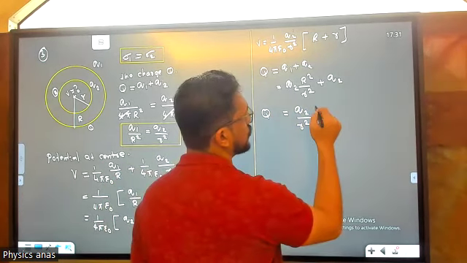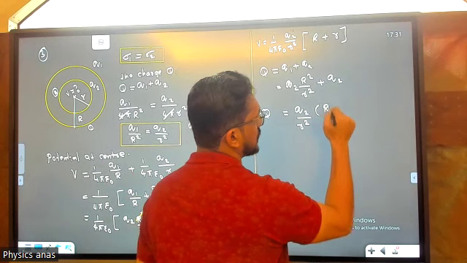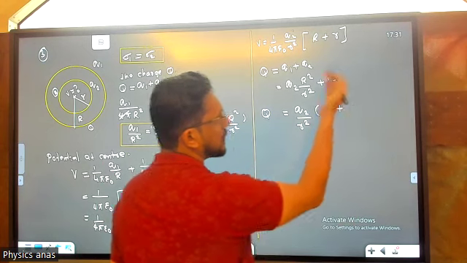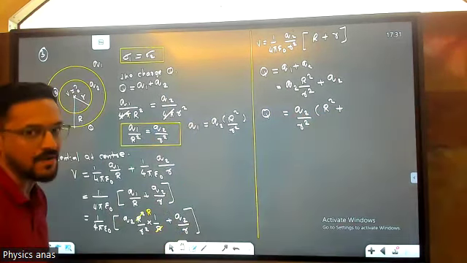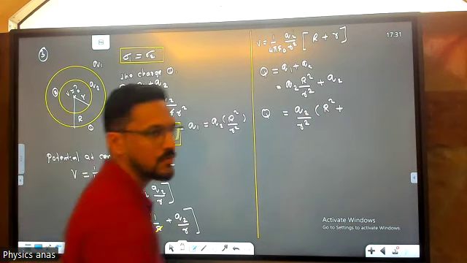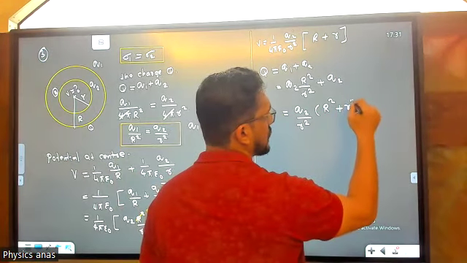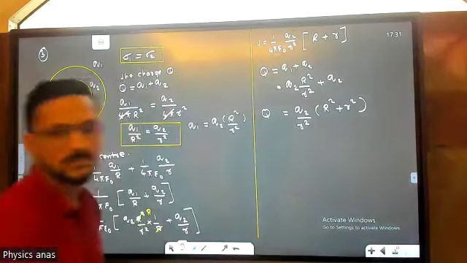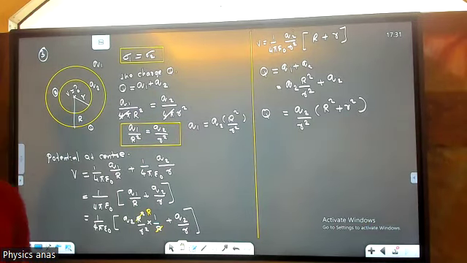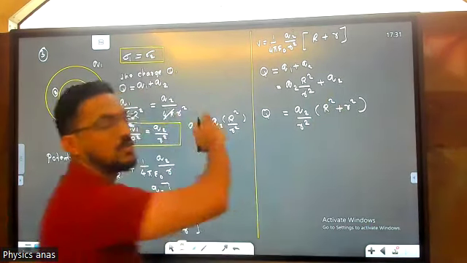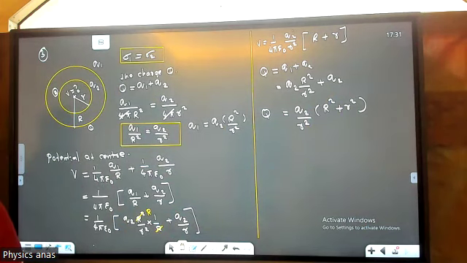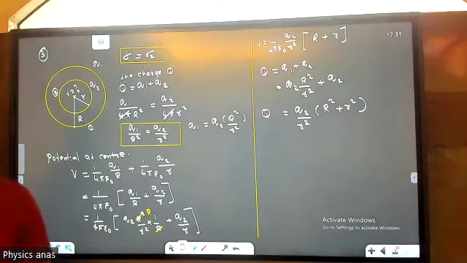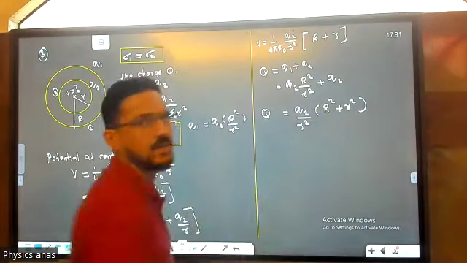If you take this Q2 by R square from it, you can take out Q2, but you cannot take out R square. What can you do? You just multiply an R square there.